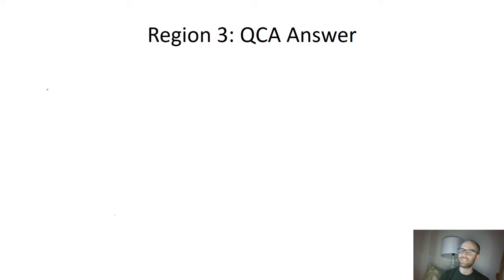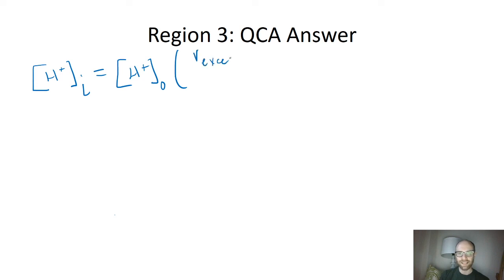Now, instead of setting the same thing up as last time, it's going to look a little different. So now we're going to say the H plus concentration at some volume I. It's still going to be a dilution of the original concentration of H plus, but the difference is we're really just going to do the dilution of what's in excess over the total volume.